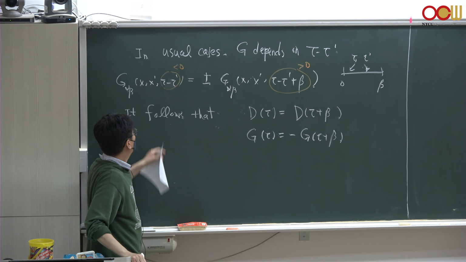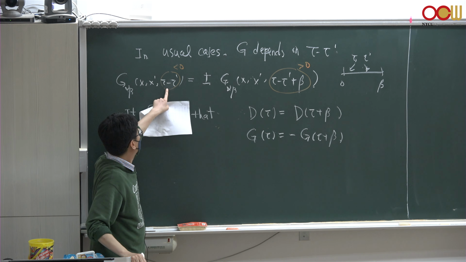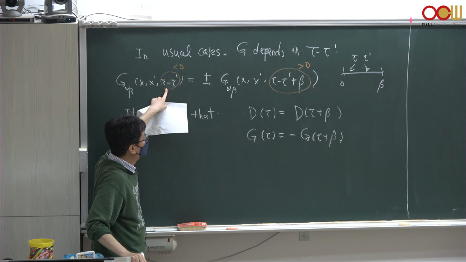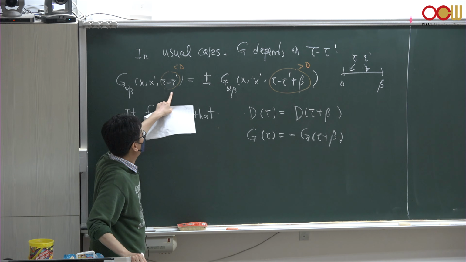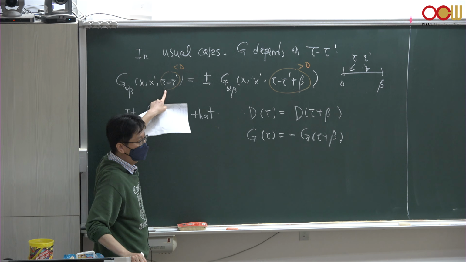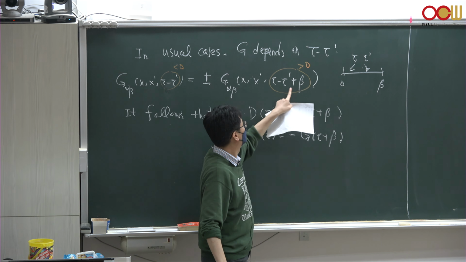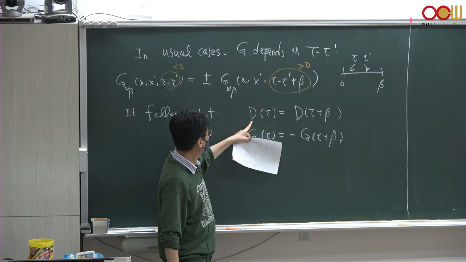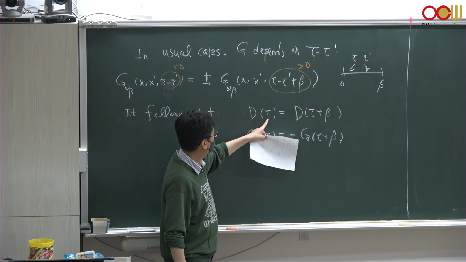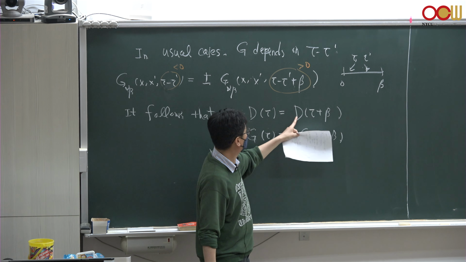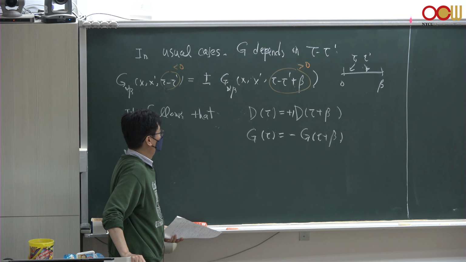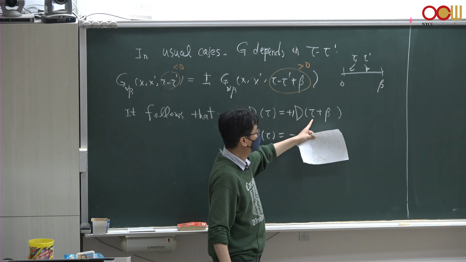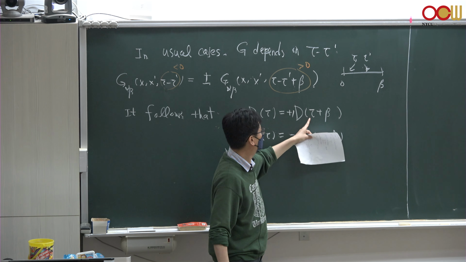So if tau is less than tau prime, this time is negative, but then this Green's function defined at negative time is related to the Green's function at positive time shifted by beta, with a plus or minus factor. For bosons, this tells us that this propagator, or the Green's function of the bosons as a function of imaginary time, has a plus 1 relation to the function at a different time shifted by beta, tau plus beta.